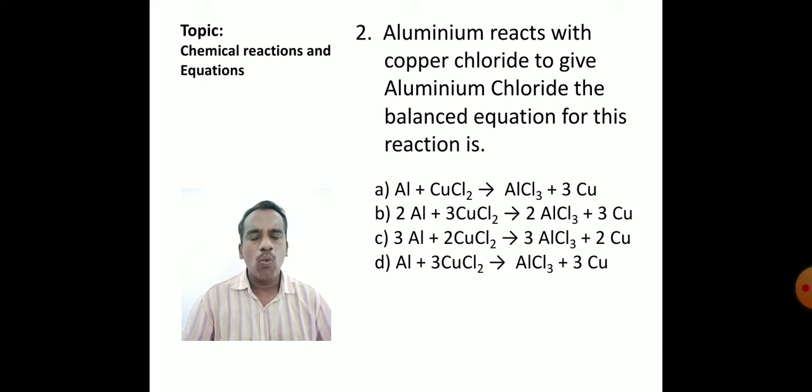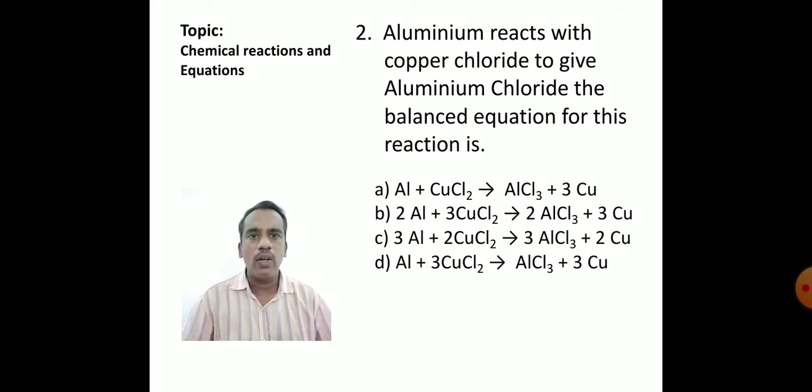Here, what are the reactants given? Aluminium reacts with copper chloride. Generally, in copper chloride the copper shows a +2 oxidation state, that is Cu2+. Chloride we know has a -1 oxidation state. But what is the oxidation state of aluminium?